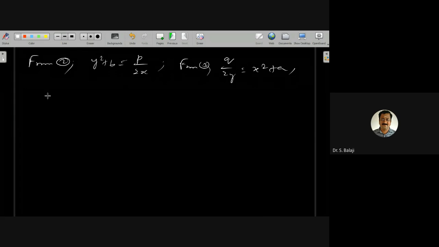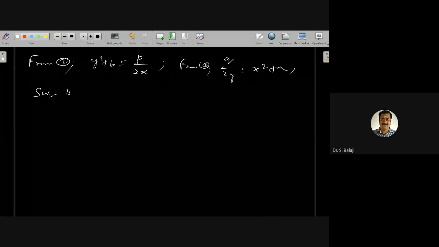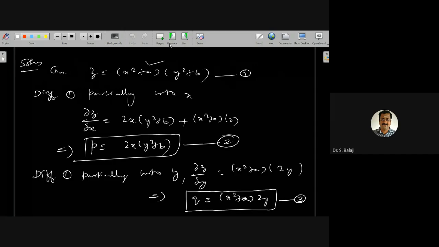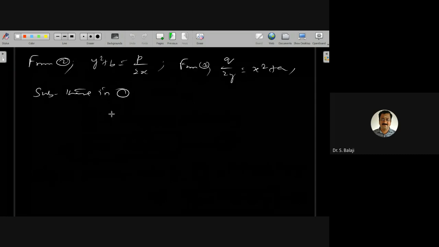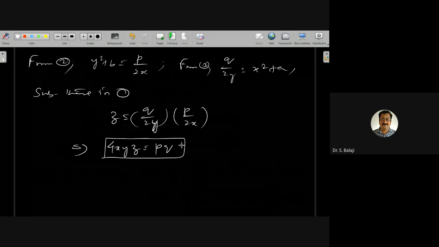Now substitute these in equation number 1. What you can get here: z equal to x square plus a into y square plus b, that is, z equal to q by 2y into p by 2x. What you can get here: 4xyz equal to pq. This is the required partial differential equation.